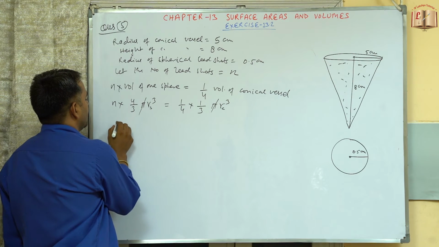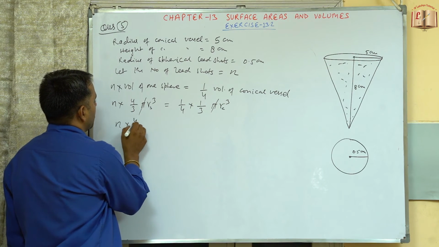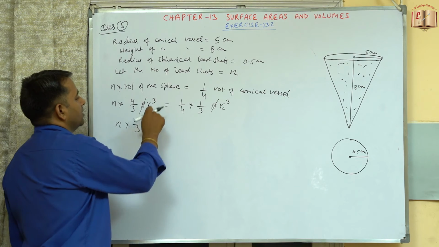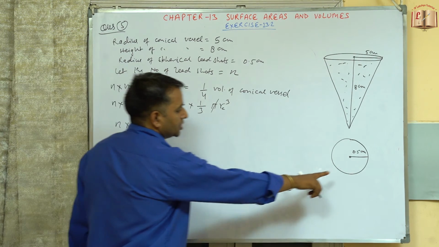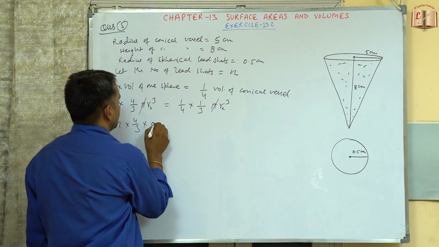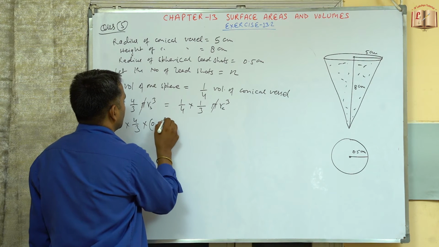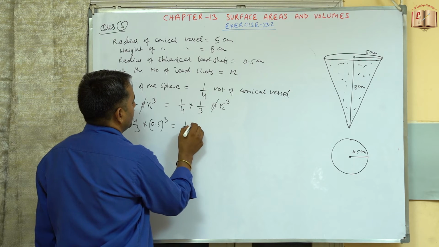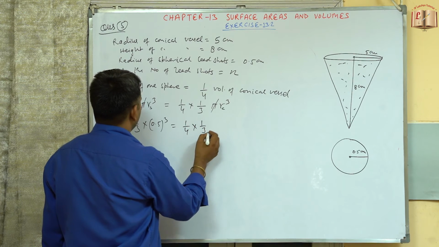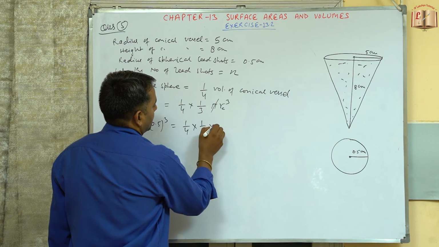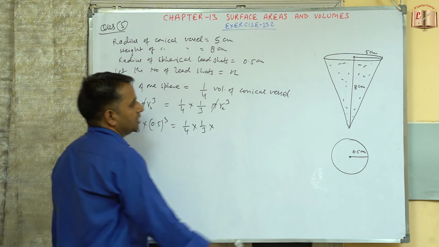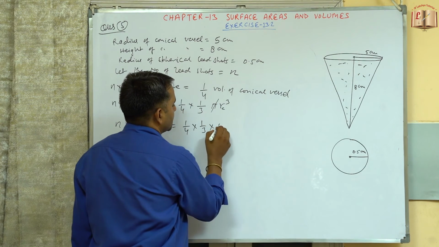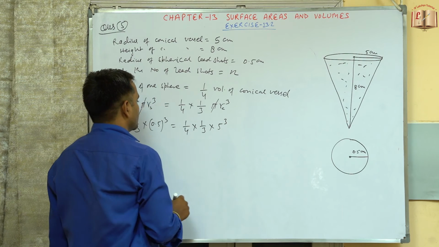Now we'll put the value n as it is into 4/3 into radius of the sphere is given 0.5. So this will be 0.5 whole cube equals to 1/4 into 1/3 into radius of this cone. So this is 5 cube.